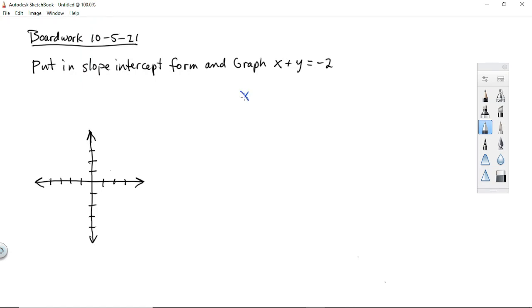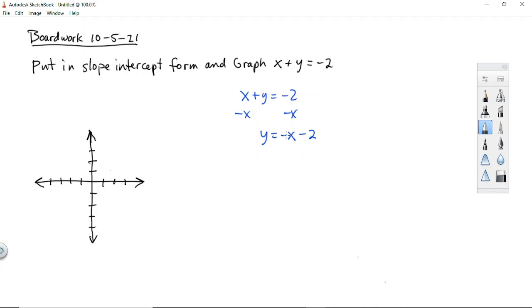So here's our equation. Just rewrite it. We're going to subtract x from both sides so that y will be by itself. Okay, so on the left we have y, and on the right we will write the x term first, that negative x right next to the equal sign, and we also have minus 2.